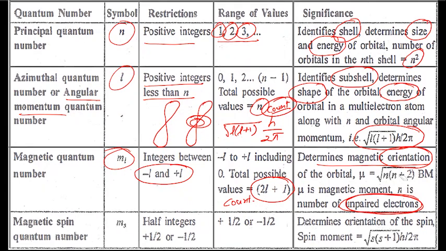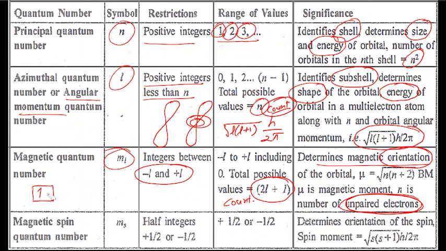Sir, can you please repeat what n is here? n is the number of unpaired electrons. So remember, and this is something I will be talking about later on. When I say one orbital, there can be two electrons. But if there is only one electron, this is unpaired. In this case, I have one pair of electrons in an orbital, so n will be 0.